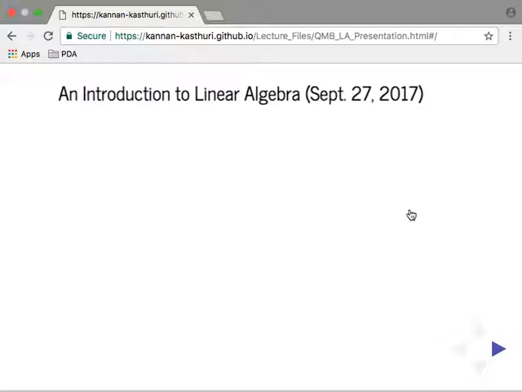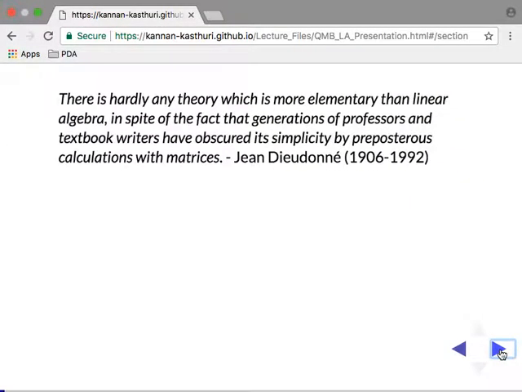So it's going to be a very basic class today, and I'm going to talk about what it means, the geometric intuition behind all the things that we do with calculations and matrices. Okay, so let's get started.